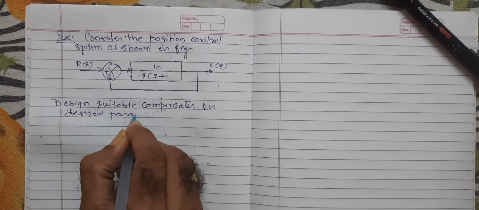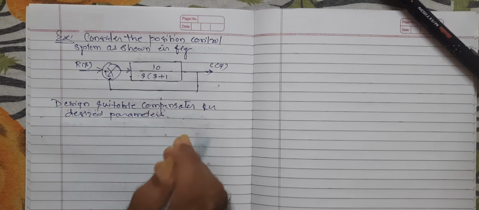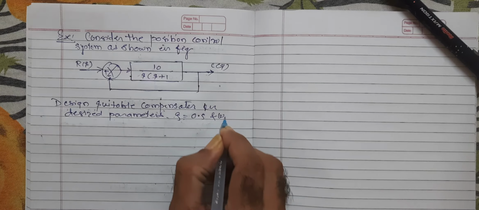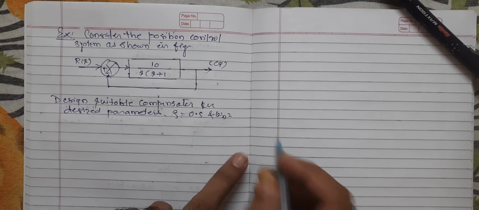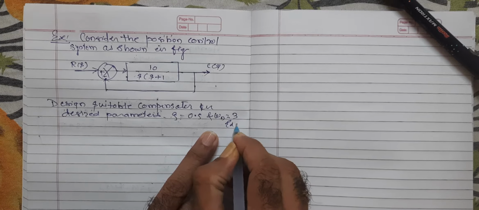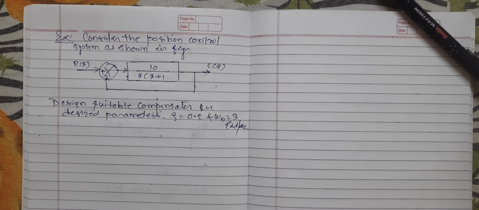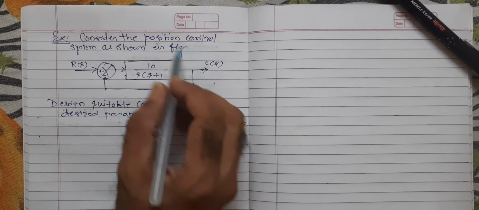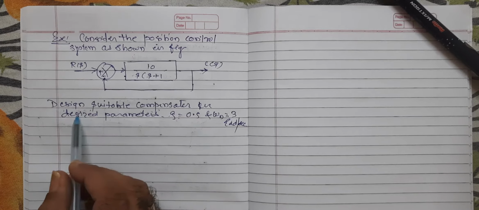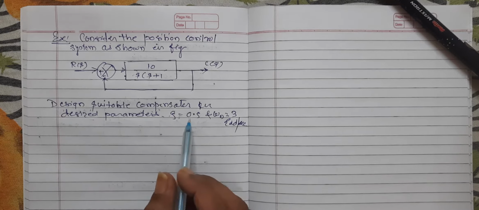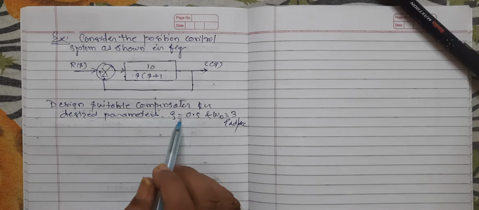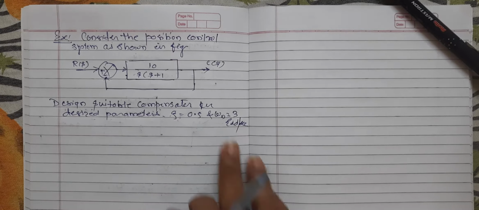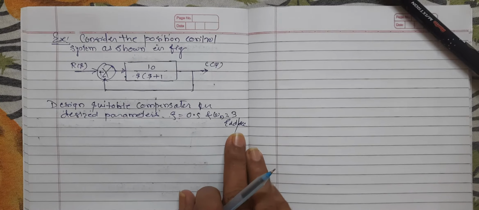Desired parameters: neta, that is the damping ratio, is equal to 0.5 and omega n is equal to 3 radians per second. This is the system that is given, and we have to design the compensator in such a way that the compensated system will have neta, that is the damping ratio, 0.5, and undamped natural frequency becomes 3 radians per second.